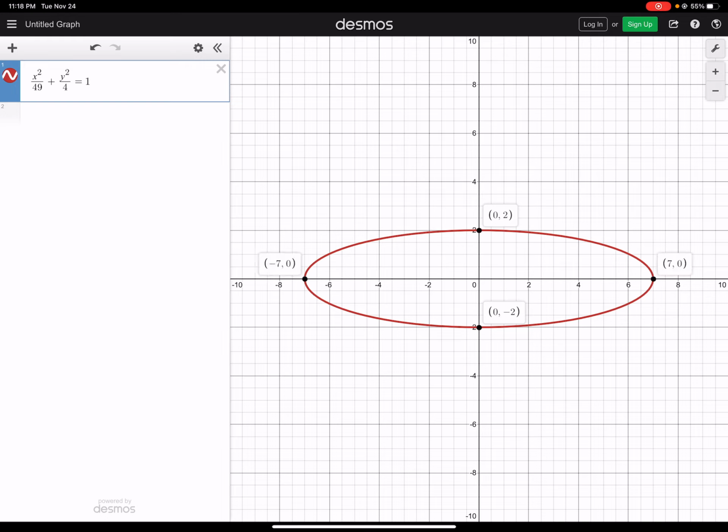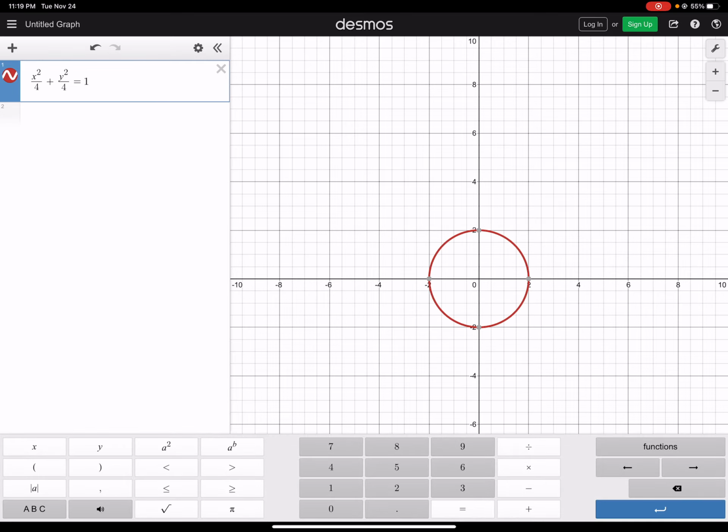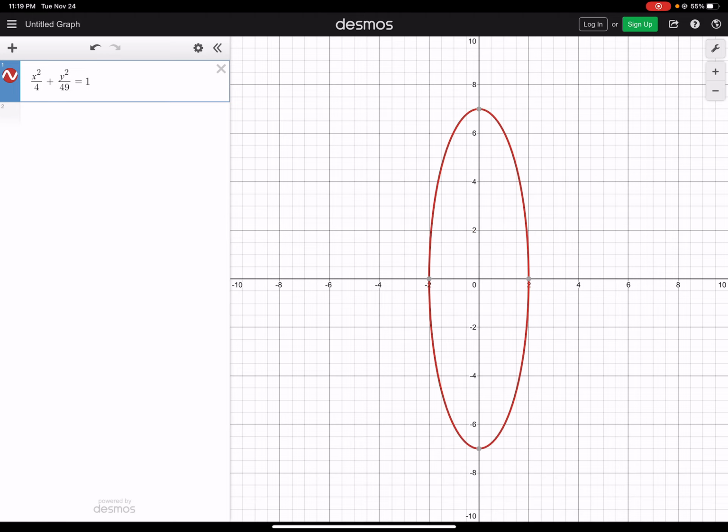But my point to you is, if the larger number's under the x, it's just stretched more in the x direction. And if the larger number's under the y, so if I put a 4 here and a 49 over there, now the bigger number is under the y, and so it should be stretched more in the y direction. And that's evident by it being stretched 7 up and down, but only 2 left and right.